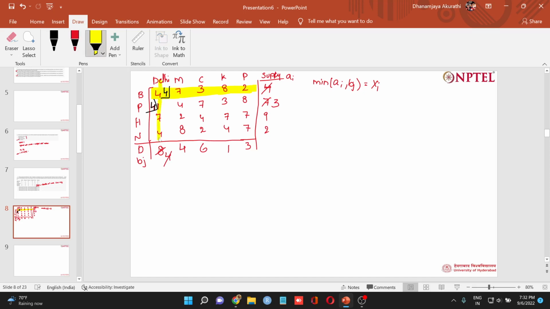I am eliminating this column also. Then in the next step, the leftmost element is 4. For this 4, the minimum of AI and BJ is AI. So cross out 3 and assign 3 here, and cross out 4. 4 minus 3 is 1. Here the demand is 1 only now. It is corresponding to the row, so again eliminate this row.